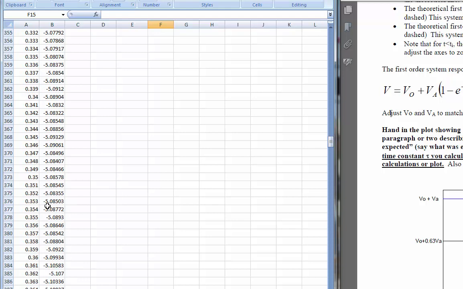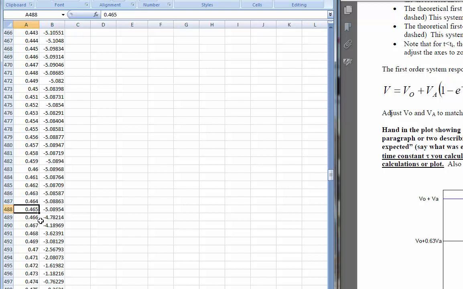Here's this initial V0 voltage. Holds it constant for a long time. And here it's starting to rise. These are getting larger. So somewhere in this range, -5.08, I see it for quite a while. And then right here is a big jump. So I'm going to say 0.465 is my TI.